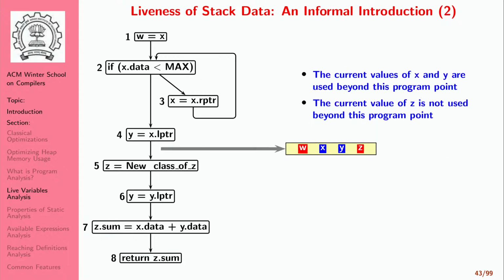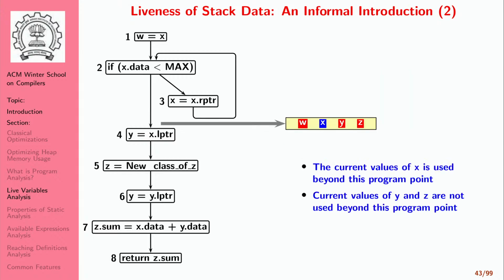Right? So we have only X and Y live. Now tell me what will be live here before statement 4? X. What about Y? Y is being overwritten. The current value of Y is not required. So here Y appears on the left hand side and only X is live.